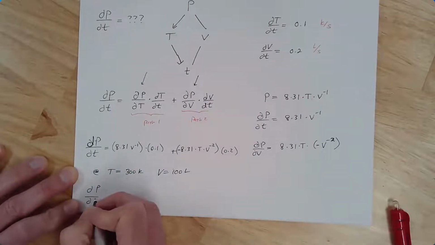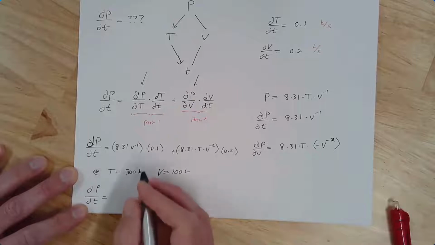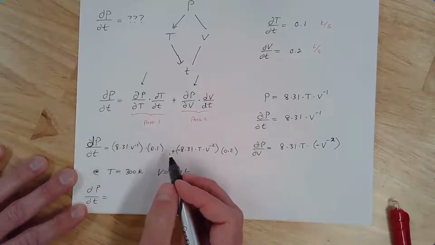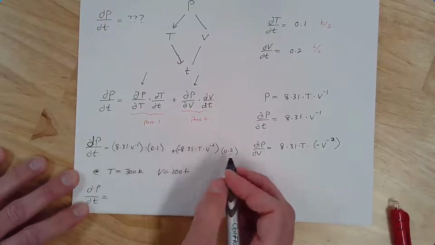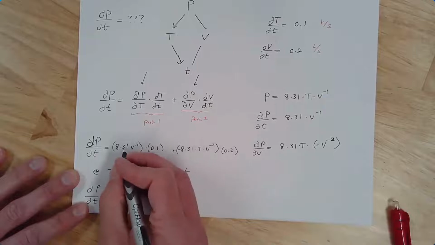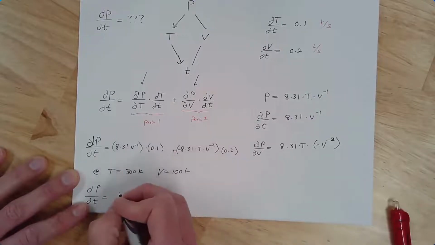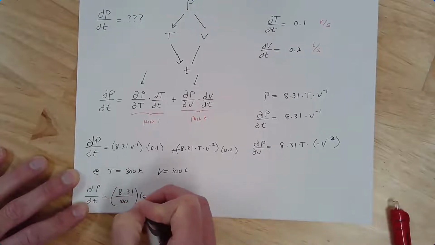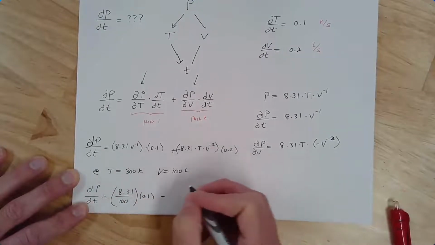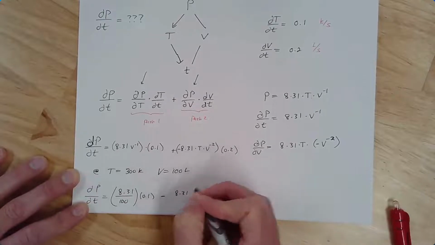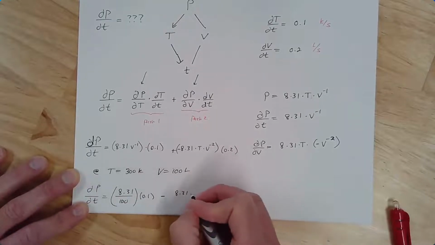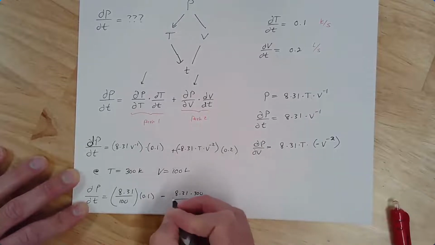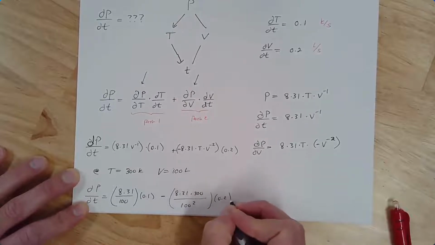I'm going to get dP dt equal to, okay, interesting there. Yeah, okay, that's fine. That's going to be 8.31 times 100 to the negative 1, or 8.31 over 100, times 0.1, minus 8.31 times T, which is 300, times 100 to the negative 2, or divided by 100 squared, times 0.2.